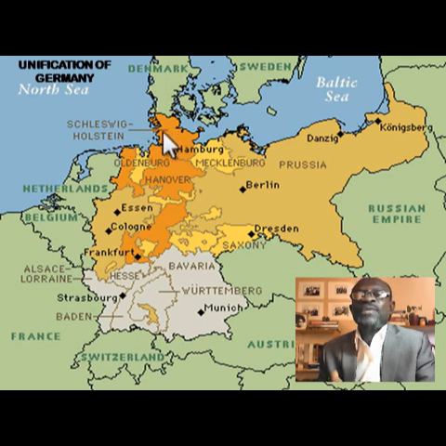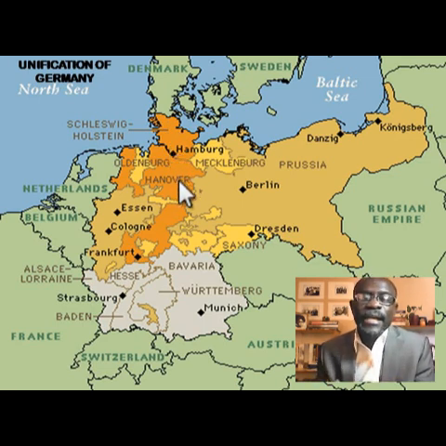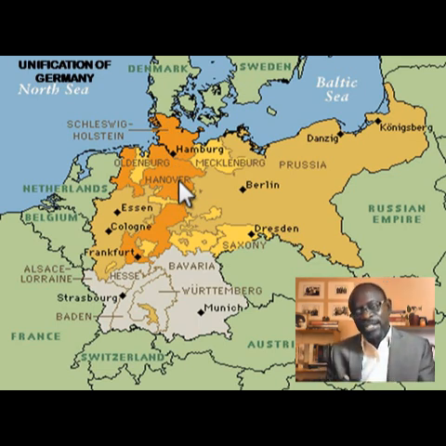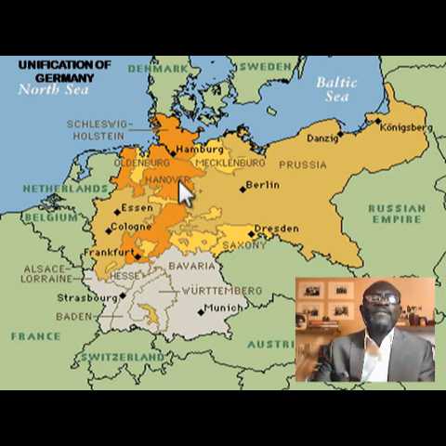These were duchies that were very close to Denmark, and the Danish king at that point in time conducted a referendum in an attempt to incorporate Holstein and Schleswig into the state of Denmark. And it created an uproar within the Germanic states, especially within Holstein and Schleswig, because a very good percentage of the population there were Germans, and they wouldn't want to become part of Denmark.